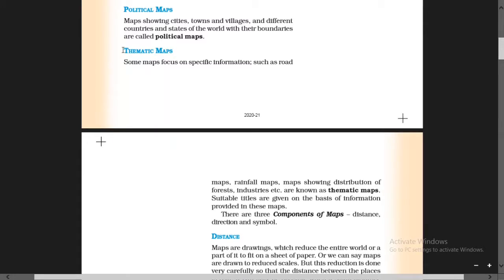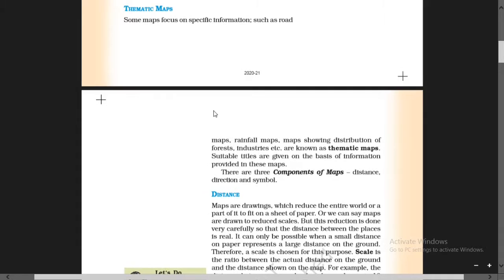Now another type of map, that is thematic maps. Some maps focus on specific information such as road maps, rainfall maps, maps showing distribution of forests, industries, etc. are known as thematic maps.